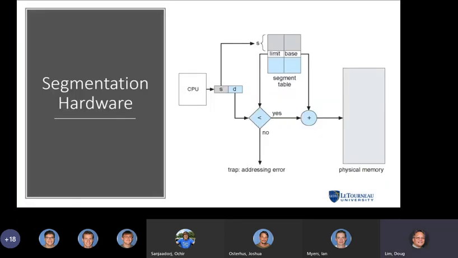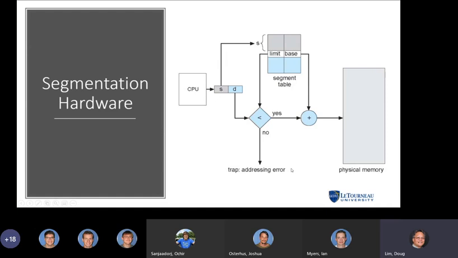So here we have a pictorial diagram of what a segmentation MMU or segmentation hardware would look like. The CPU has the segment number and the offset, and we look up in the segment table the segment, which has the base and the limit.